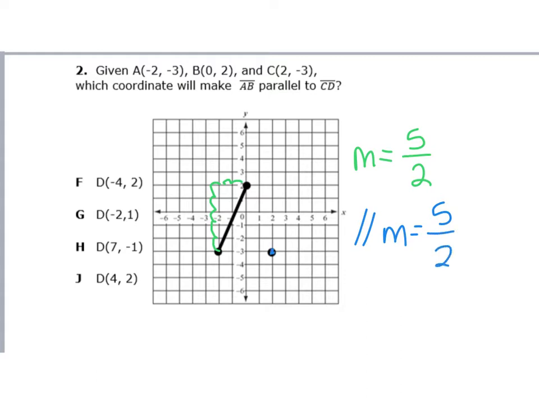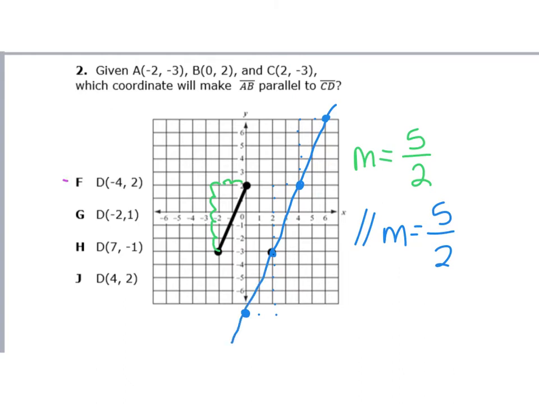So from my second point, I'm going to go up 1, 2, 3, 4, 5 over 2. Or I could go down 1, 2, 3, 4, 5 over 2. So here is my parallel line to that segment.